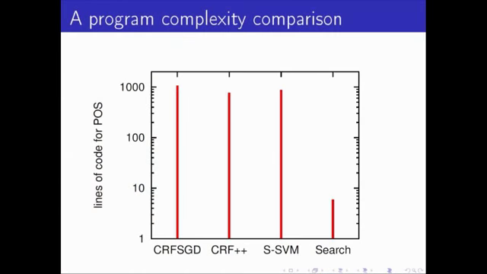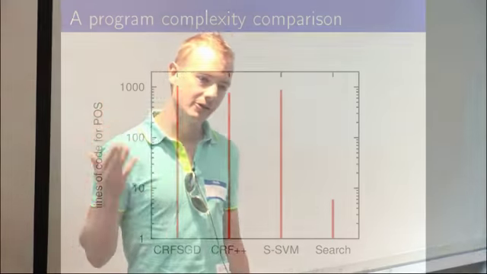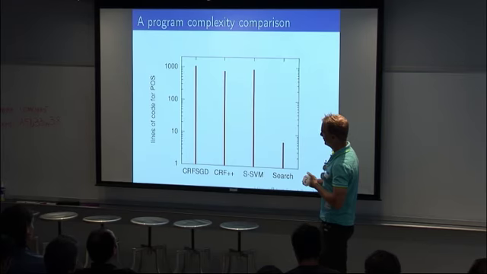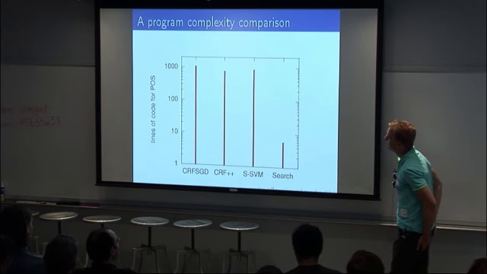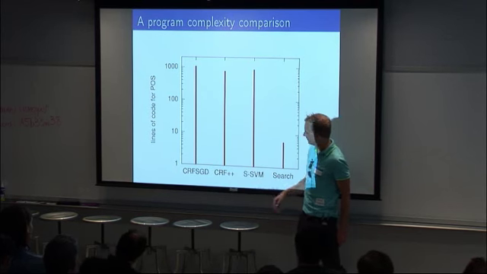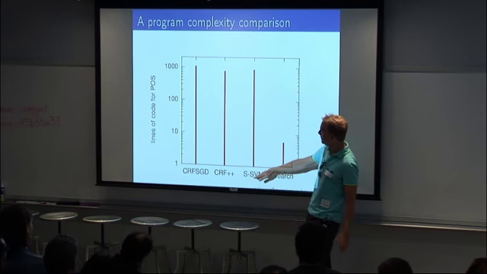Okay, so here's a couple comparison points. So this is lines of code. Let's say that you want to sit down and write a part of speech tagger. How many lines of code do you have to write? So there's CRF SGD, which is Léon Bottou's package. There's CRF++, which some people may know. There's structured SVM. These all take somewhere on the order of 1,000 lines of code.